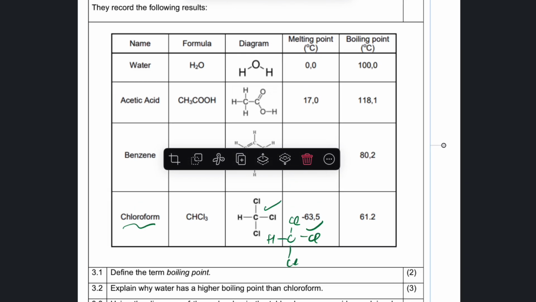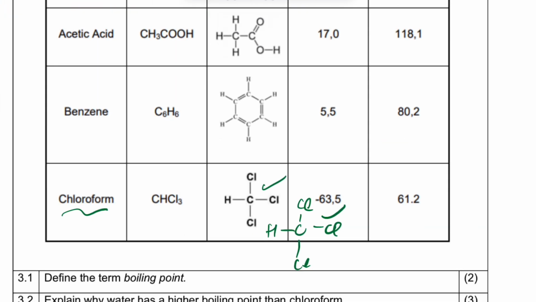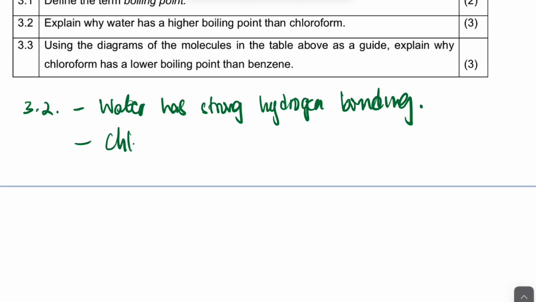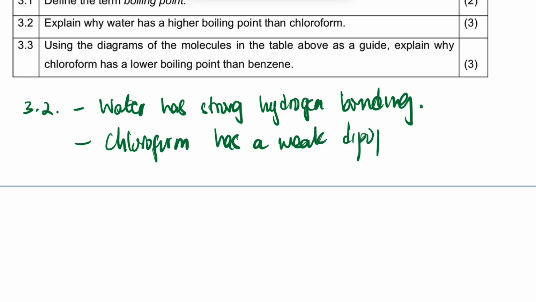So you will say chloroform has a weak dipole bond. So now you have compared their intermolecular forces, so you have 2 marks.